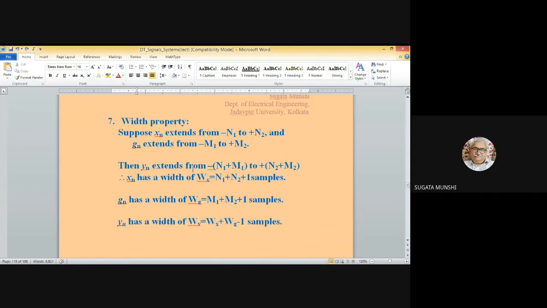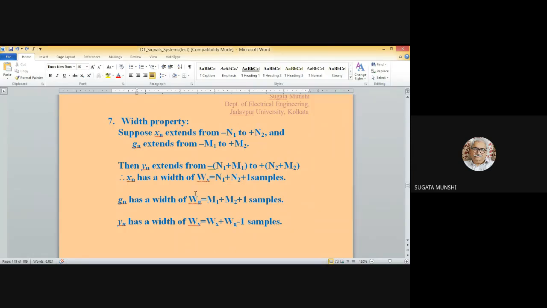That is very important in case of determination of convolution by performing time domain computation. Now, I have stated that x[n] extends from minus n1 to plus n2.